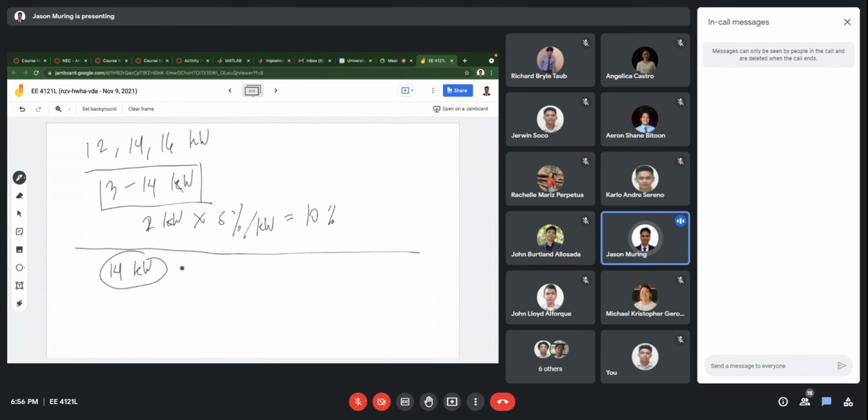And again, I have to increase this by 10% because it exceeds the 12 kilowatt base by 2. So 14 times 1.1 is my demand for these three loads: 15.4.